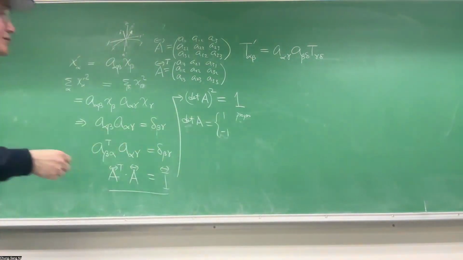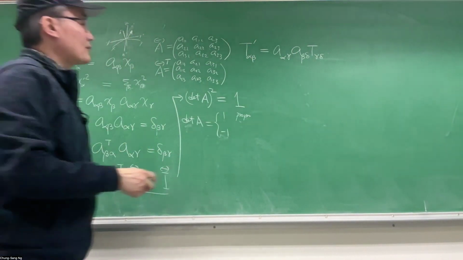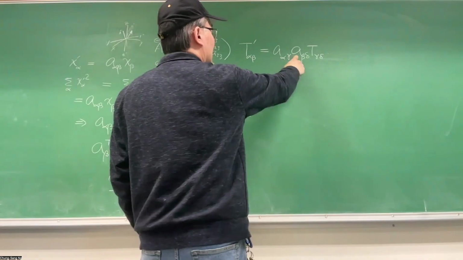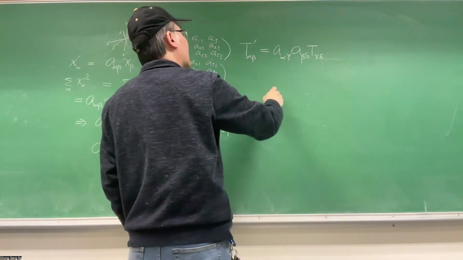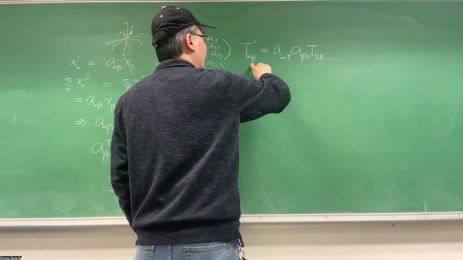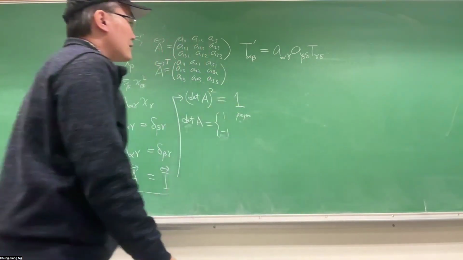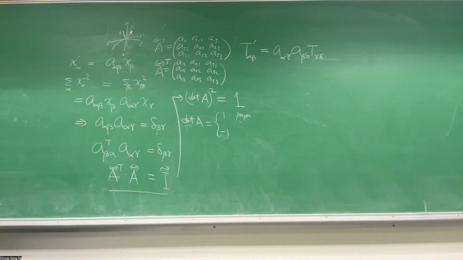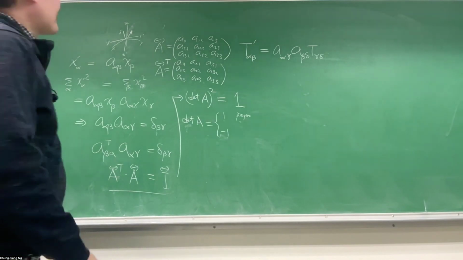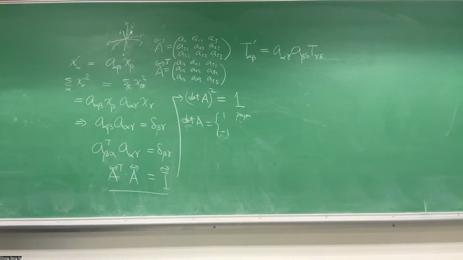You have to satisfy this kind of transformation. Because you have two indices, you need two transformation matrices to transform. And if a quantity satisfies this transformation, this is a tensor. If it doesn't satisfy, it's not a tensor. Okay, and so that is that.